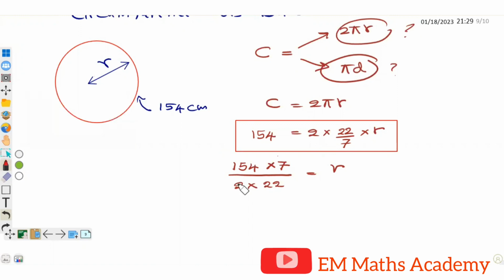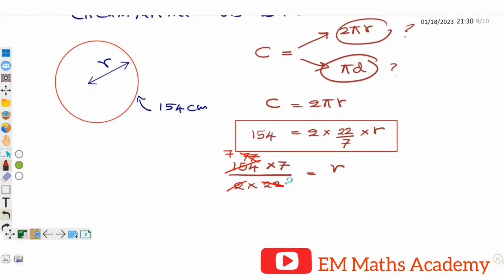Now 154 and 22. 154 can be divided by 2. It is 77. Now 77 can be divided by 11. It is 7. 22 can be divided by 11. It is 2.